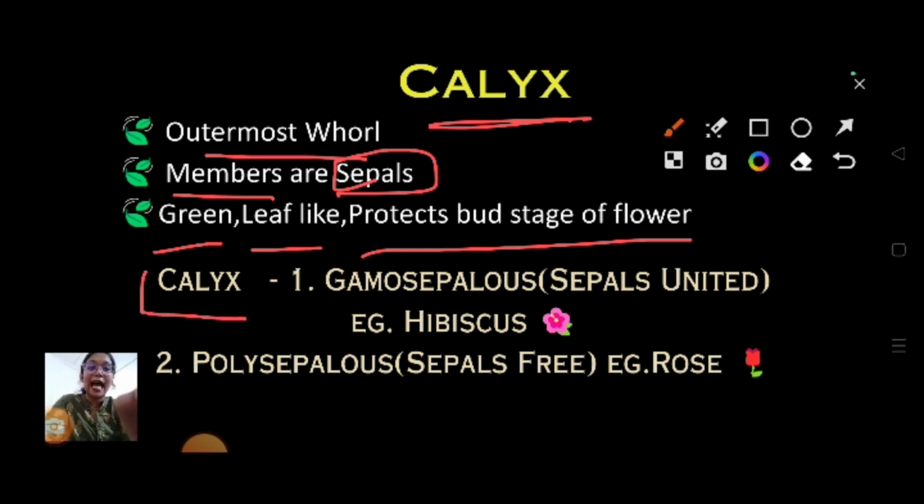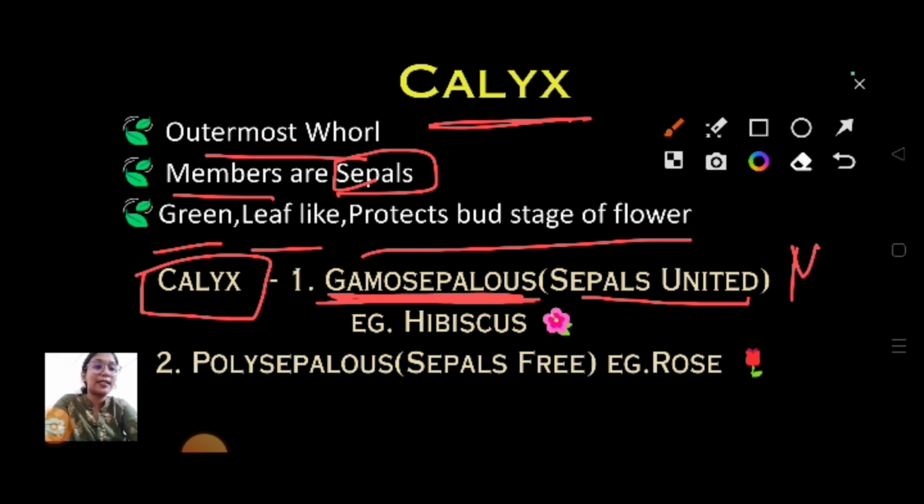Okay, and in the calyx, we'll see the gamosepalous condition. What is the gamosepalous condition? When sepals are united. In hibiscus, we can see the sepals are united. When we open the sepal, it's like this. The sepals are united. They are joined sepals. That condition is called gamosepalous.